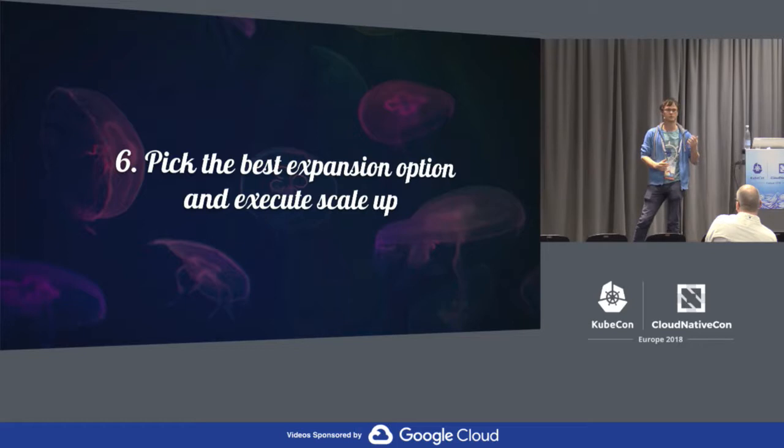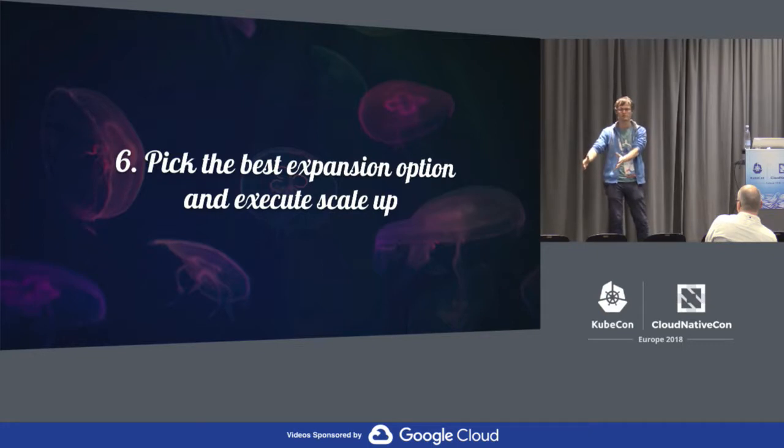And the option consists of a node group, a set of pods, and the number of nodes. And that basically means if we add 2 nodes to this node group, we will help this set of pods. If we add 5 nodes to this other node group, we will help this other set of pods, and so on. So now we need to make a decision which of those options we want to choose.